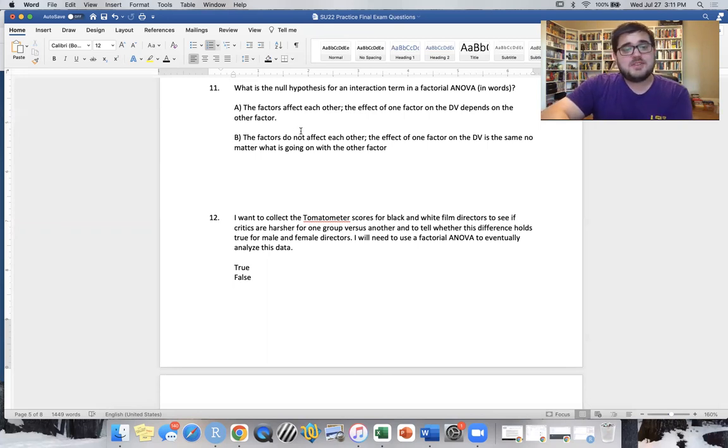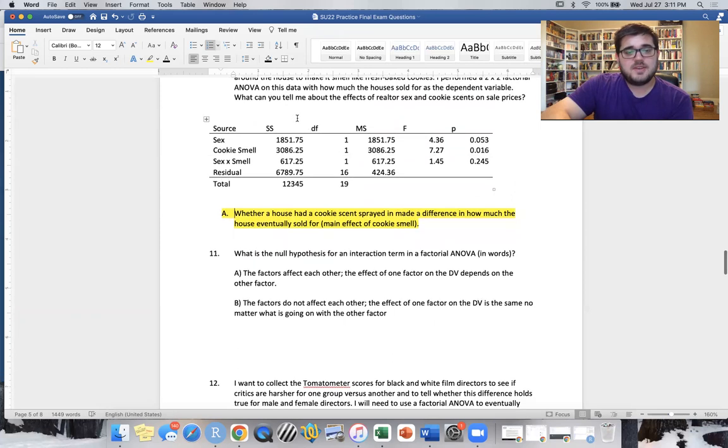Number 11, what is the null hypothesis for an interaction term in a factorial ANOVA in words? Ooh. So when you get statistical significance in an ANOVA table, if it's a main effect and that main effect is statistically significant, that means that there is a difference among the means for that factor.